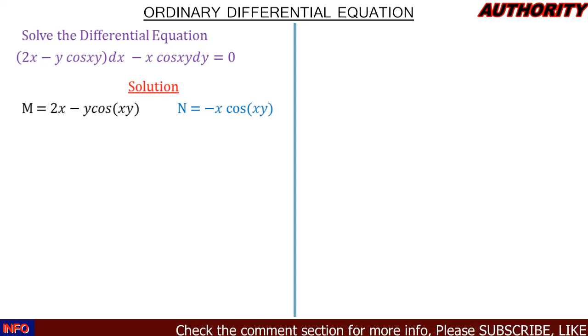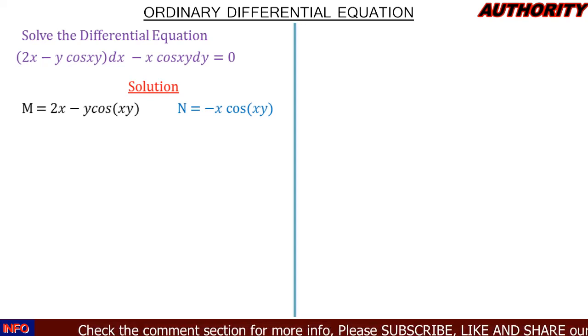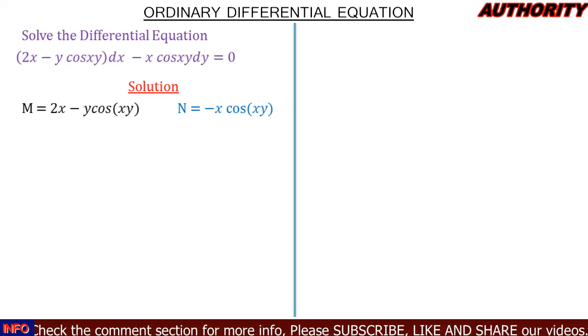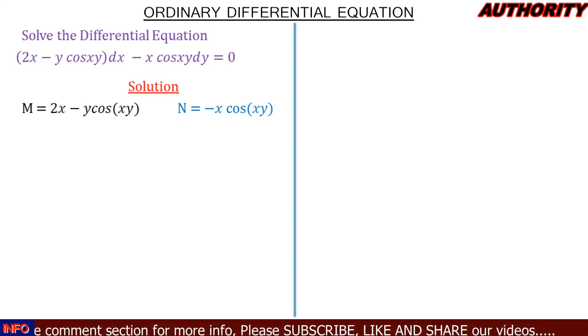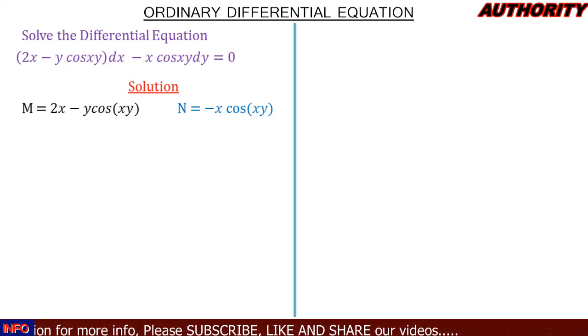In this place we have 2x minus y cos xy. The 2x we regard as a constant, so the derivative of this constant will give us 0. Now we are left with minus y cos xy.